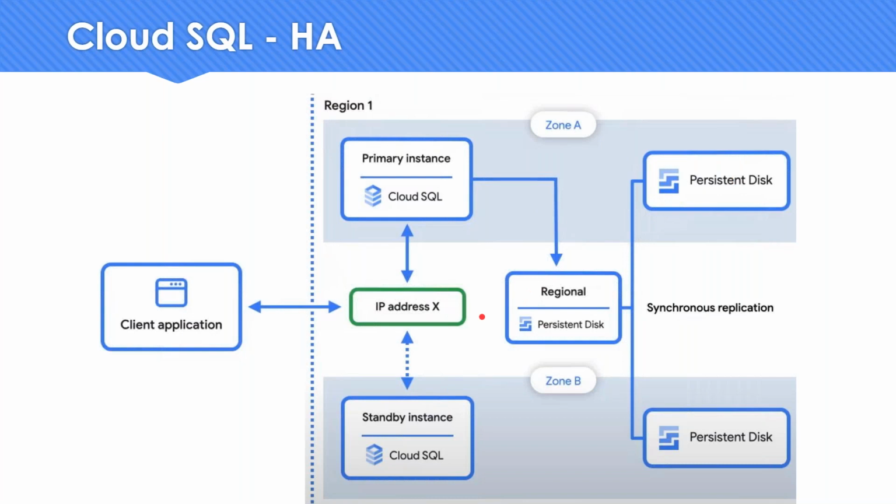When a failover happens, the client should not have any issues. If your IP address is something like x.y.z.a, the client will not have any issues. So what happens during the failover? The public IP address and the private IP address of your primary instance are assigned to your standby instance.